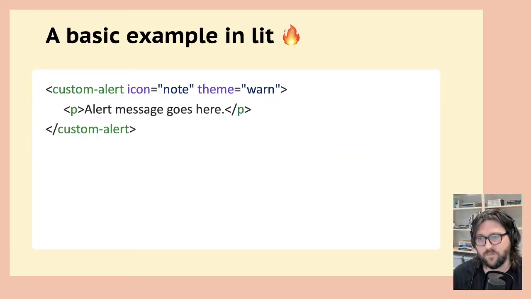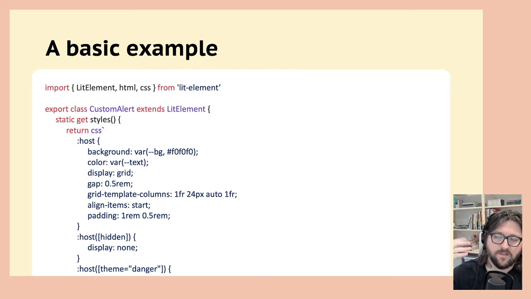So here is a basic example in Lit, the framework I gravitate to, or just library. It's not even a whole framework. It's just a library. So we have our icon and theme, and we pass it a thing. Okay, so let's get into the JavaScript. We import lit element. That's the base class.